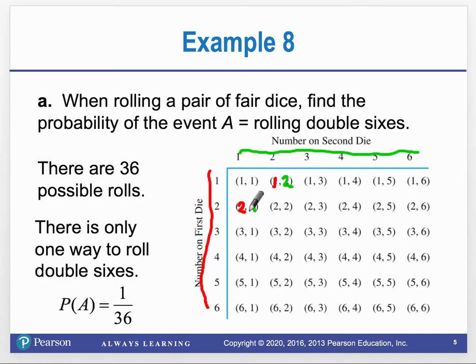Having a red 2 and a green 1 is a different roll than having a red 1 and a green 2. So that's why these are considered different rows. These are two different rows. Notice here, if I had a red one and a green one, that's the same thing as having a green one and a red one.